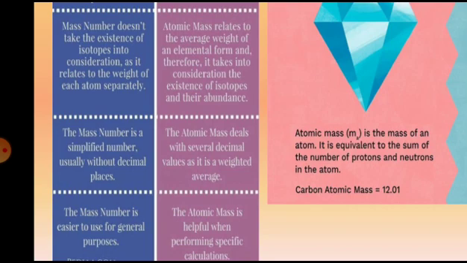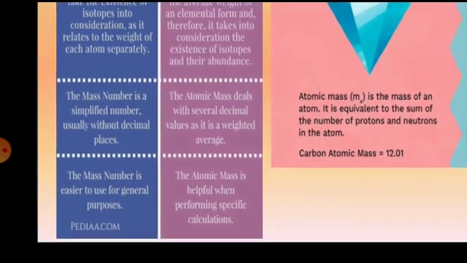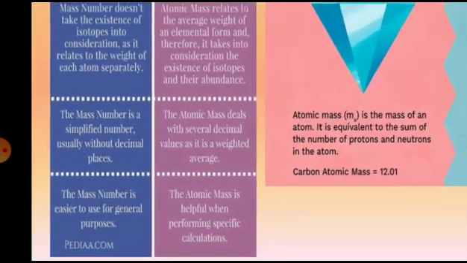The next difference is the mass number is a simplified number, usually without decimal places, whereas atomic mass deals with several decimal values as it is a weighted average.